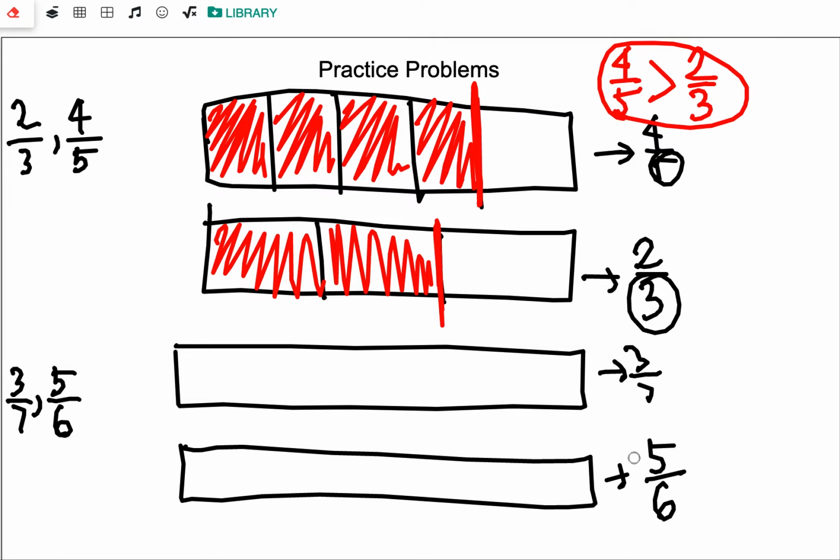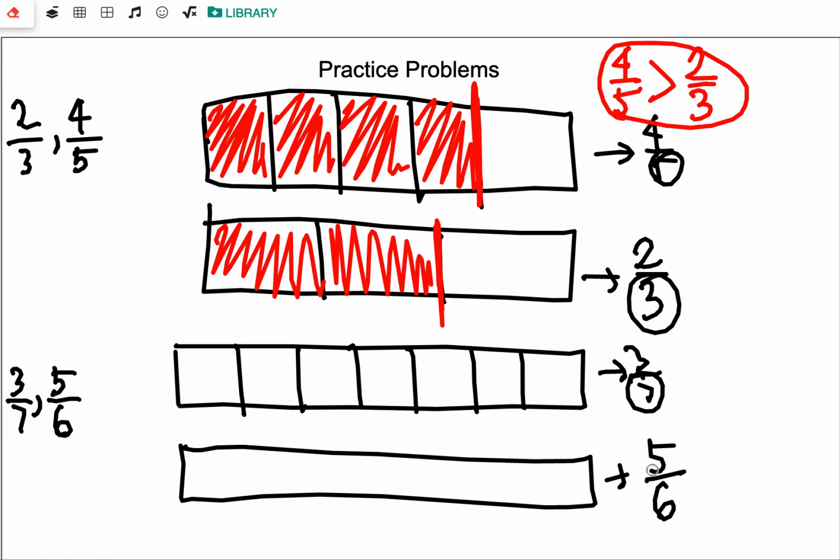Now, let's divide them into the parts that we should. So 3/7, the denominator is 7, which means we have to divide the bar into 7 equal parts. Now let's do that. Here we have 7 equal parts: 1, 2, 3, 4, 5, 6, and 7.